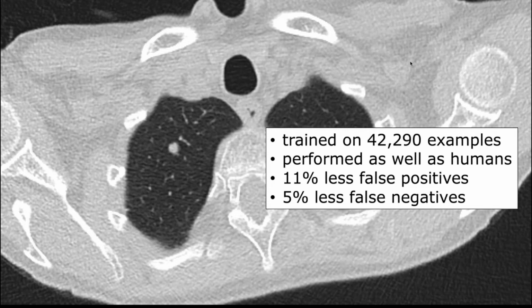We showed in this case that it actually performed as well as humans, with less false positives and less false negatives. So obviously the false positives are where people had a workup that in many cases is invasive, requires surgery, et cetera, but maybe that wasn't necessary. And the false negatives are the reverse, where the person didn't have a workup but ended up getting cancer, basically.